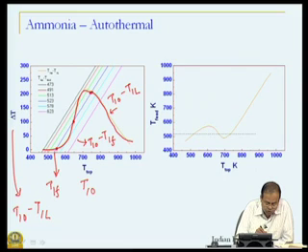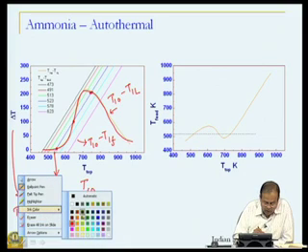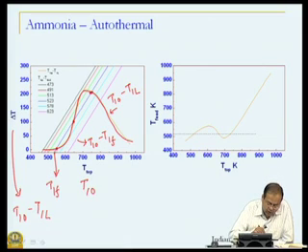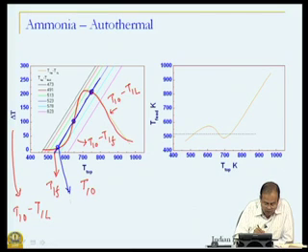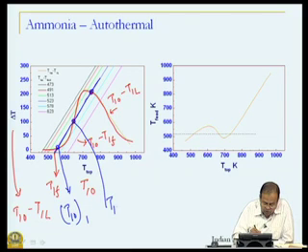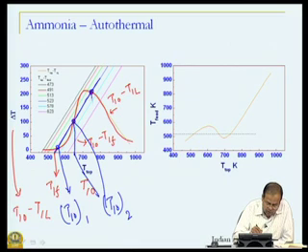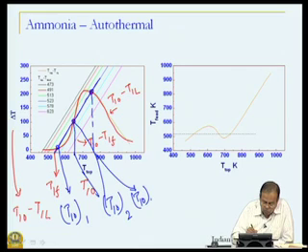For example, if I choose this particular value which is shown with a blue line, I see that this intersects at three different locations, and corresponding to this T1 f, I have this T1 0 1, another T1 0 2, this particular temperature, and a third possible temperature, this particular value, T1 0 3.